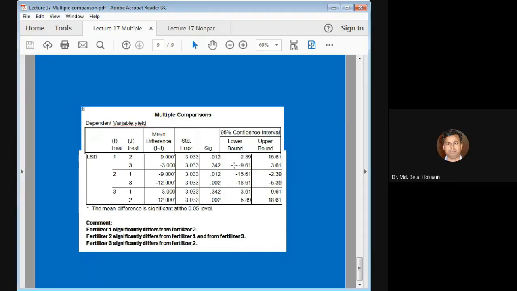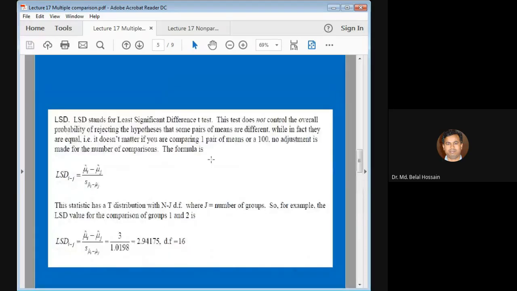Forget not that significance value, these values you will not get in your exam. Okay, but if you do some further research, you will know that you will use some softwares, and using those softwares these values will be provided. But here you have to do some manual calculation that I showed you. That is LSD, you have to calculate this value.